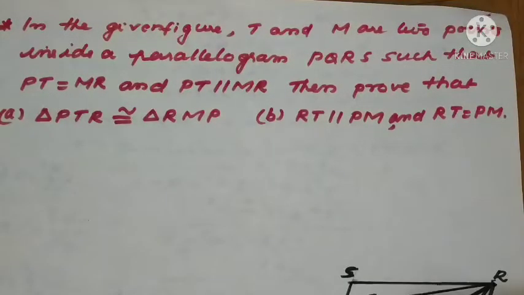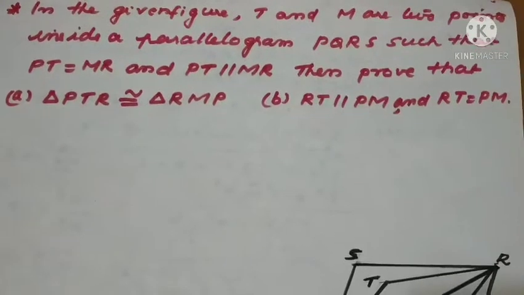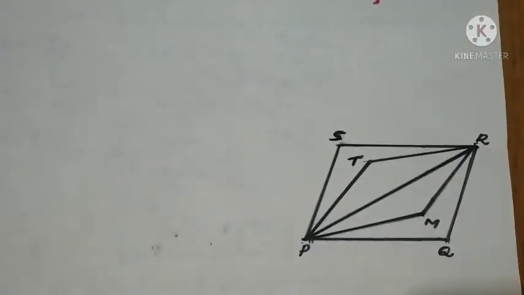In the given figure, T and M are two points inside a parallelogram PQRS such that PT equals MR and PT is parallel to MR. Now prove that triangle PTR is congruent to triangle RMP, and RT is parallel to PM and RT equals PM. So the diagram is this only. What is given: T and M are two points inside the parallelogram PQRS.